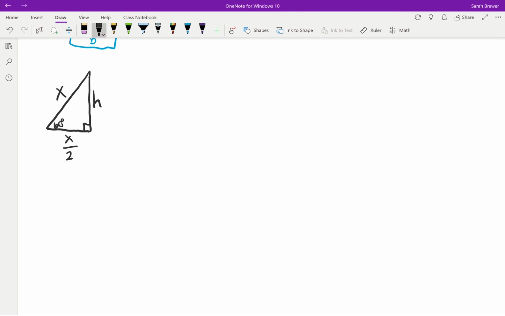And so when I draw that altitude, I'm dividing that top angle in half. So this is our 30, 60, 90 right triangle. Sometimes they just call it 30-60 since it's implied that it's a right triangle by having a 90-degree angle. And then if we want to think in terms of radians, pi over 6, pi over 3, pi over 2.